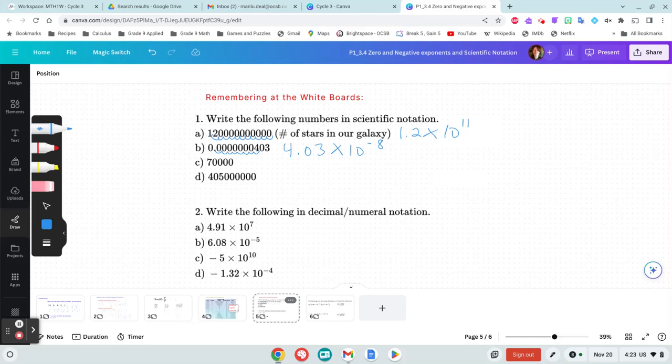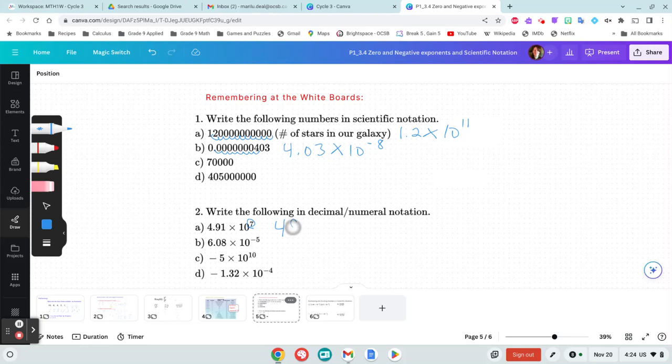In example 2, we want to write them in numeral notation, so actually the full-on out. The way that I do it is I see, okay, I have 4. I know my exponent is 7, so it needs to move 7 places. So I write down the 4, and then I start counting and writing down numbers that I know. So I have 4 point, but I'm not going to write the point anymore.